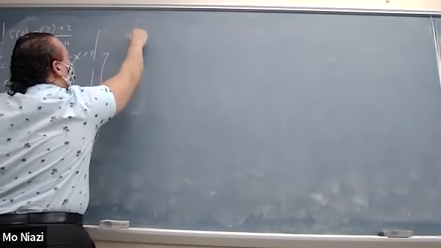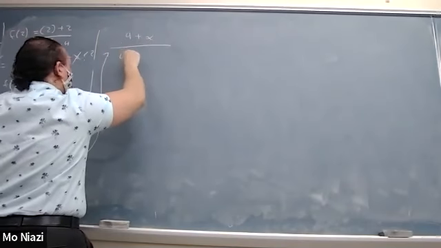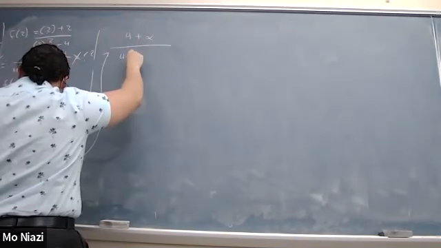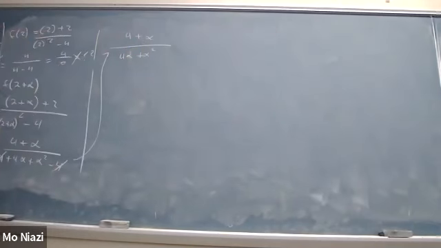So this becomes 4 plus alpha divided by 4 alpha plus alpha squared. What now?